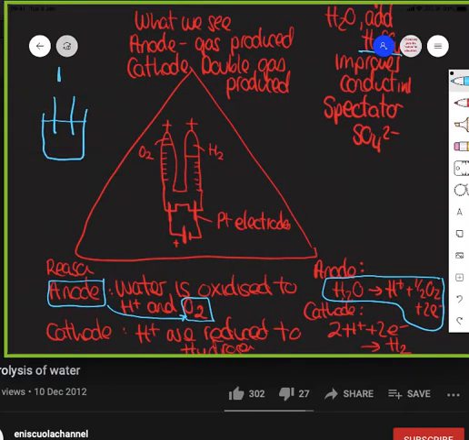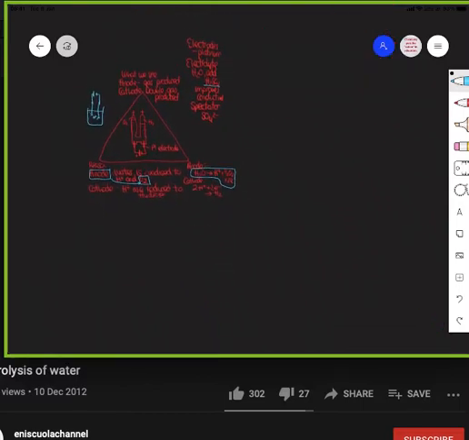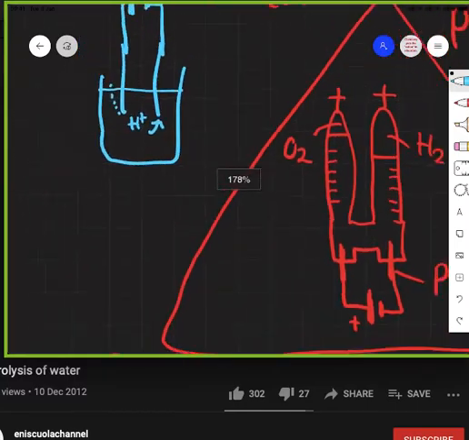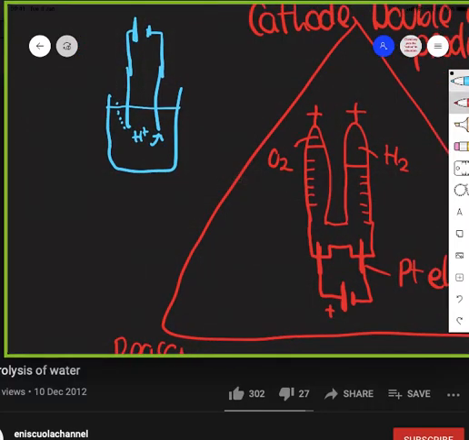This is our long line, this is our short line. So what you are doing here, as well as having the oxygen bubbles leaving, you will be making H plus. That's going to now be in solution, and that H plus is going to be attracted to your cathode. Remember, in our electrolyte, it's the ions that are carrying the charge, but actually up here, it is electrons that are being moved.